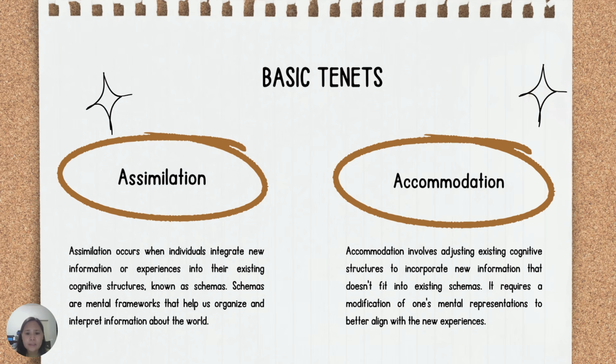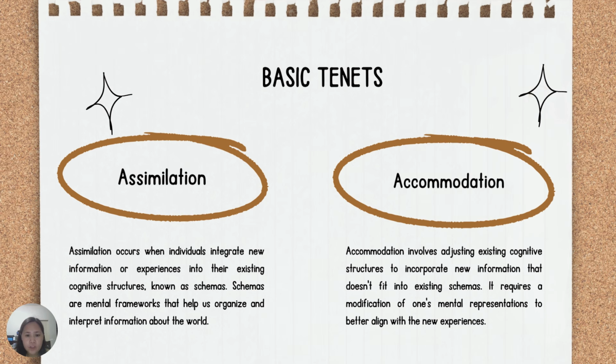On the other hand, accommodation occurs when learners adjust their mental frameworks to include new information. So, continuing with our example, when the child realizes that the cat meows instead of barks, they modify their understanding. Aha, not all four-legged furry animals are dogs.